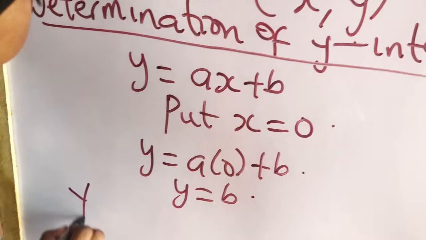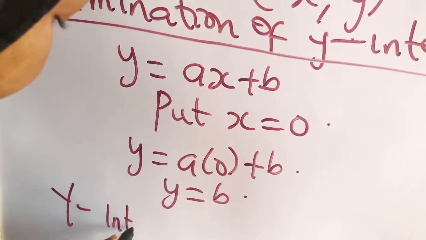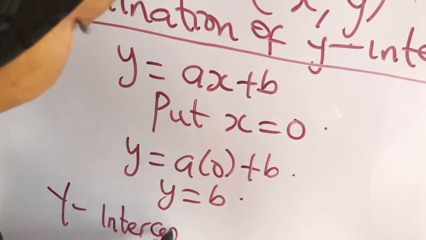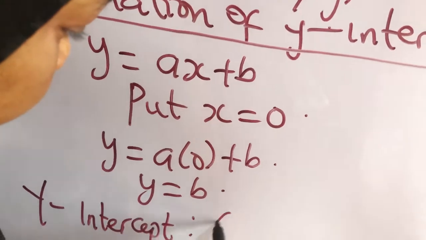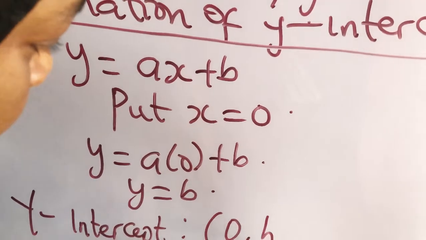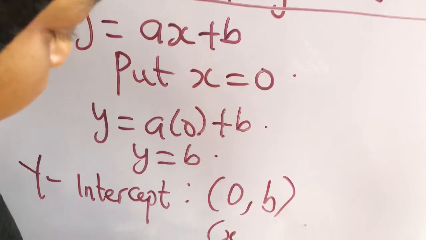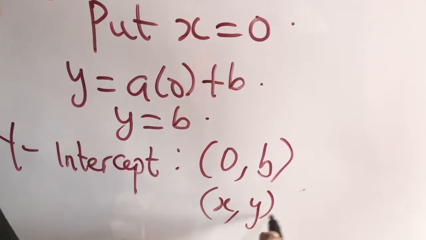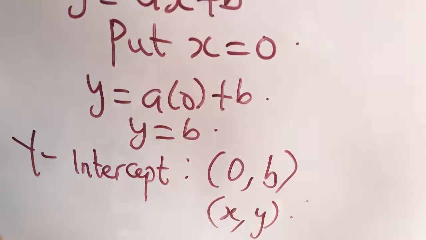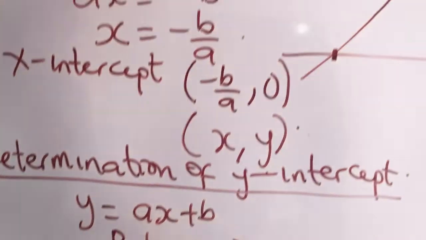So the y-intercept will be (0, b). That is, this is for x, and y is b. So that is how to find the y and x-intercept.